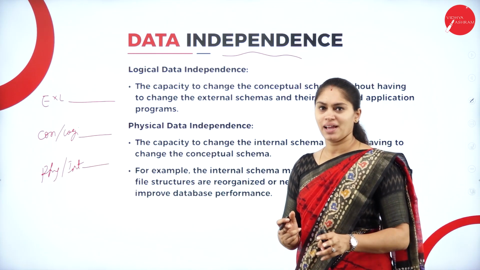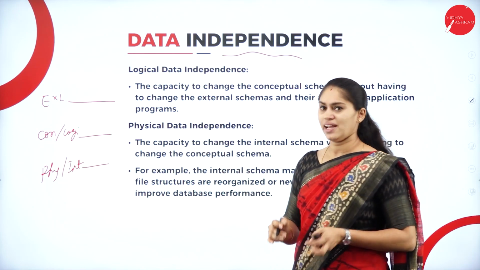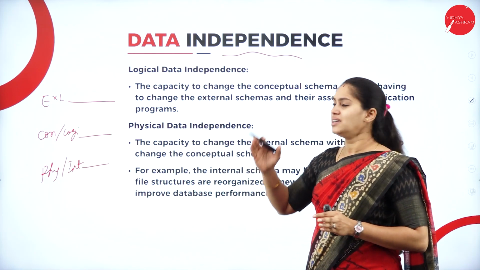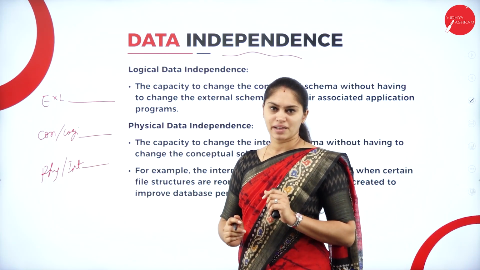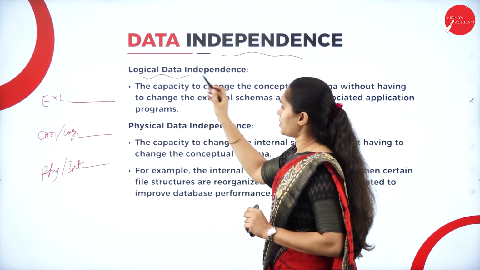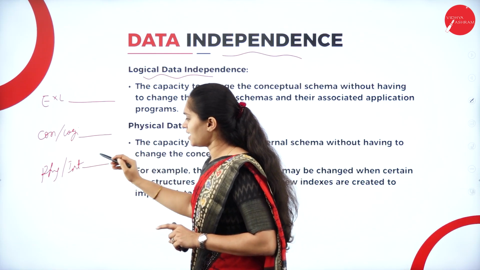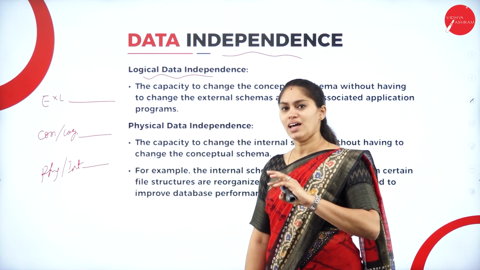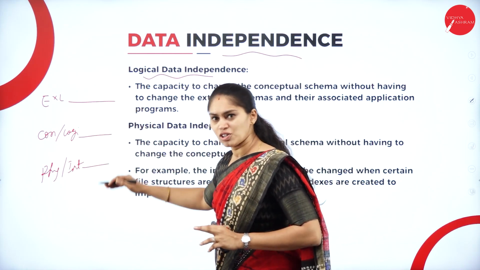When it takes place in the logical level and when it takes place in the physical level, we are going to call that logical data independence and physical data independence respectively. We'll see logical data independence first, which comes in between the external level and the physical level. Here we are having data independence to the higher level, not to the lower level.